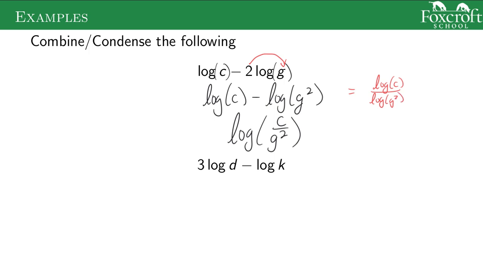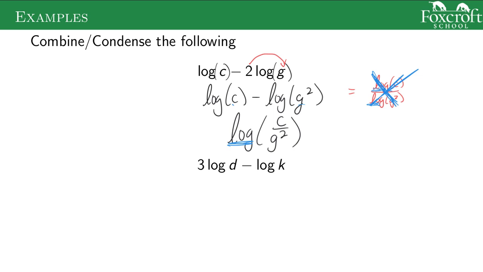But this would literally just be turning a subtraction sign into a division sign, and the chances of that being true are really slim. So try to remember that instead you're trying to take this into a single log. Writing it like this is a hint that it's not right, because you have two different logs, and that defeats the purpose of having just one single log. So when you see that subtraction sign, squish them together into one single log and divide the first divided by the second.